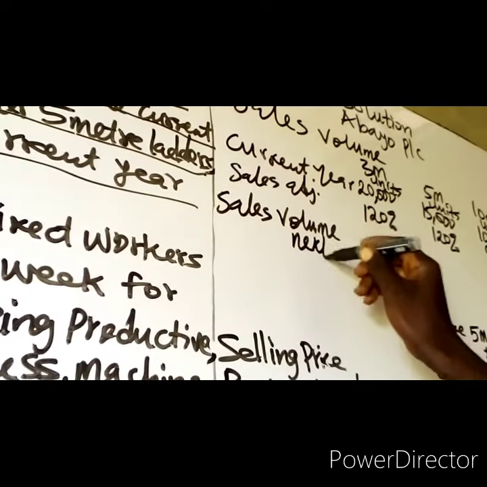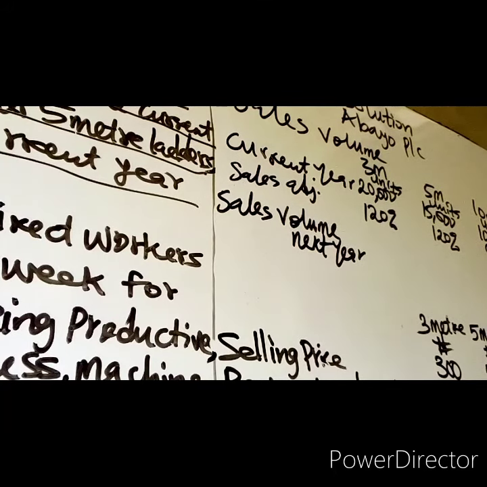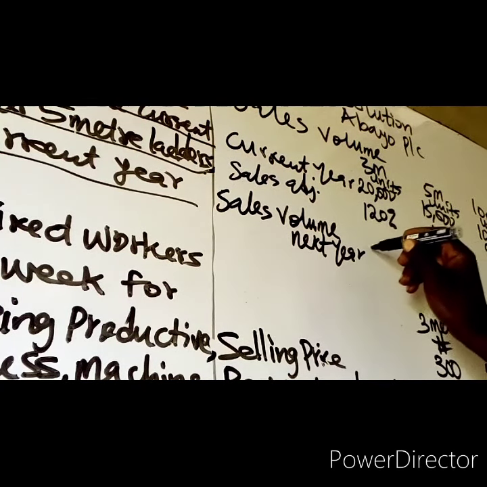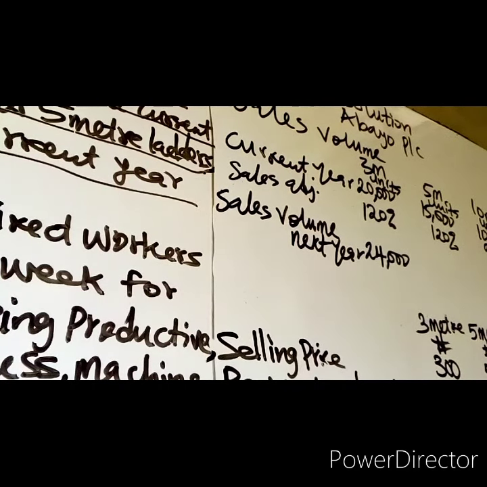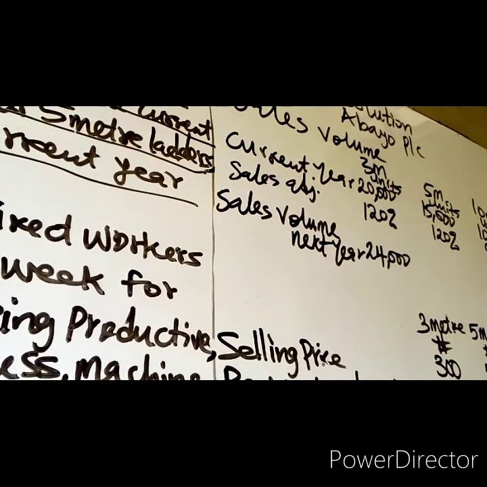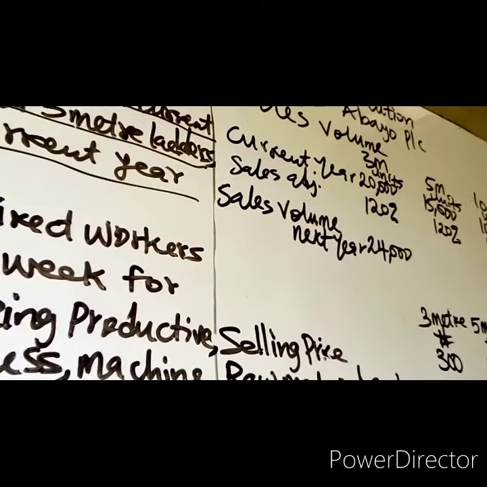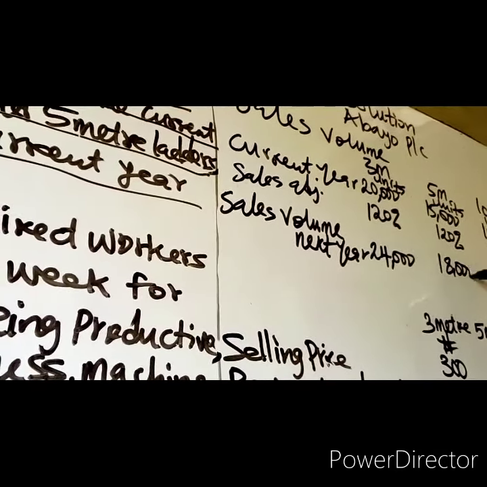Calculate 120% of 20,000. 120 divided by 100 times 20,000, and that will be 24,000. The next year sales volume will be 24,000. For 5 meter, you calculate 120% of 15,000, that will be 18,000.